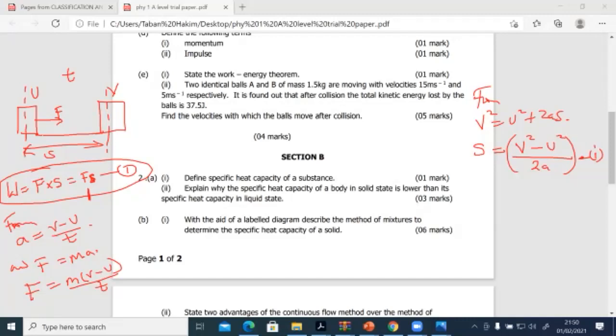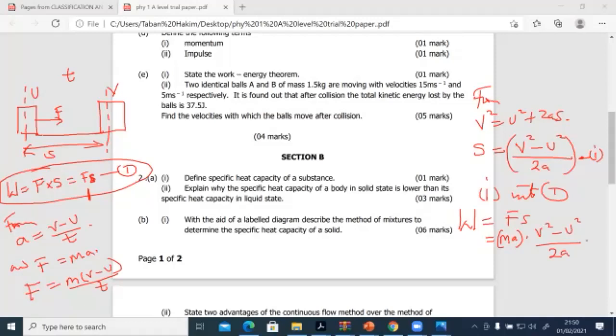if I put this Roman 1 into equation 1, my work done is equal to Fs. Where there is F, I put MA, and where there is S, I put V squared minus U squared over 2A.